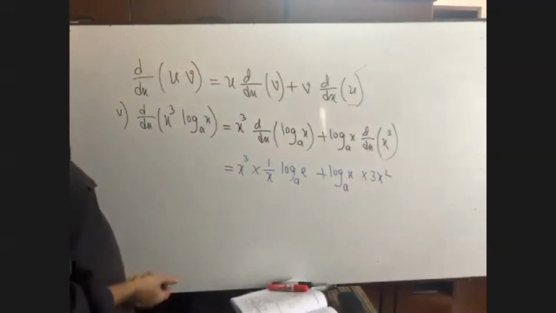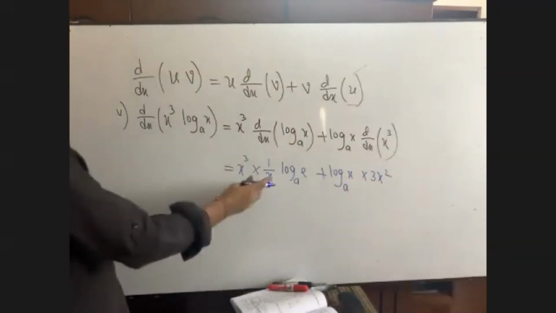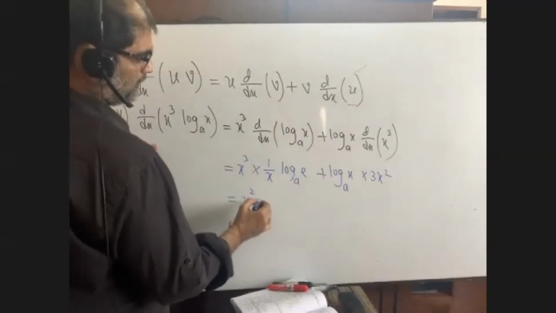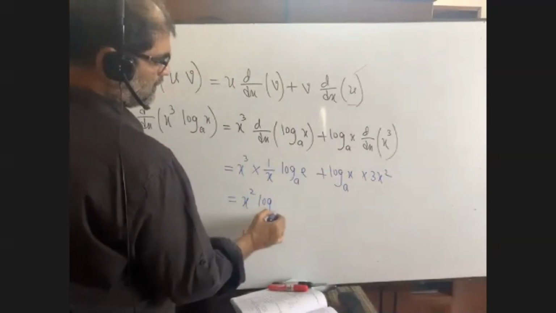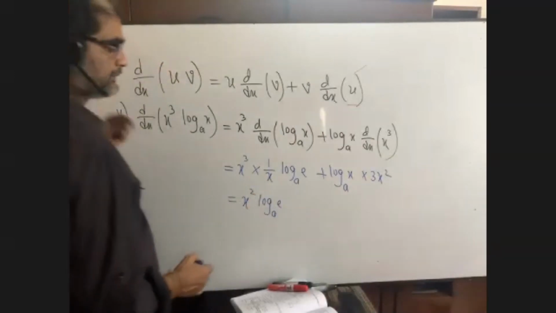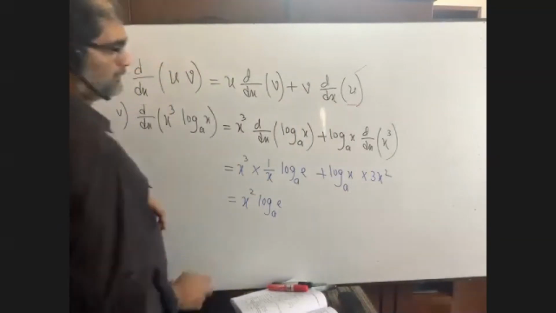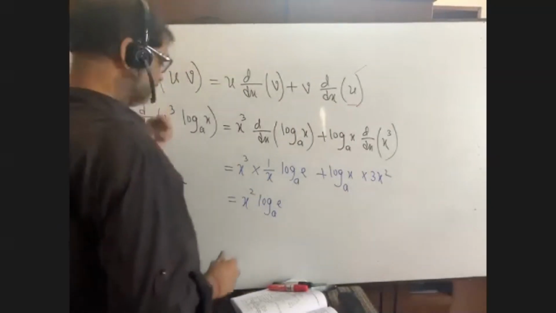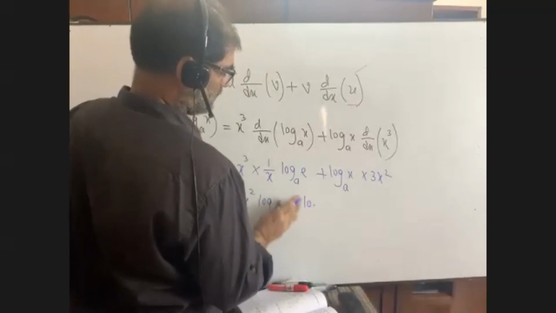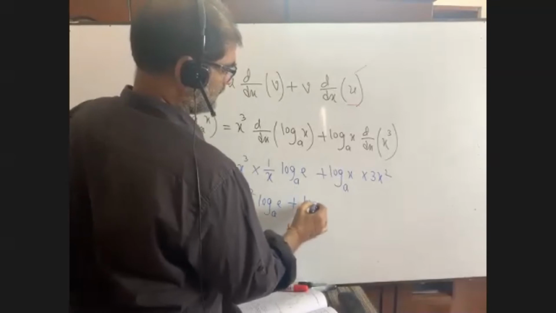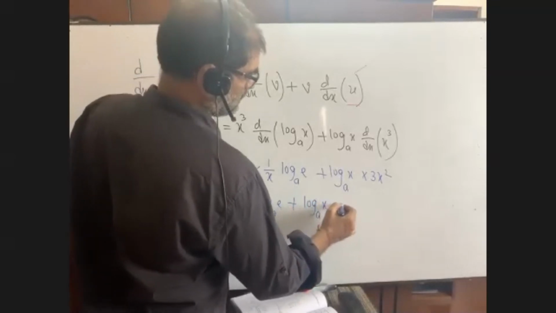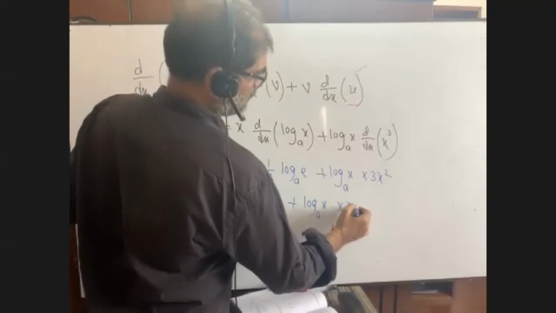Our math is done. Then you calculate it, it is x square log a base e, right? Then it is log a base x into 3x square.